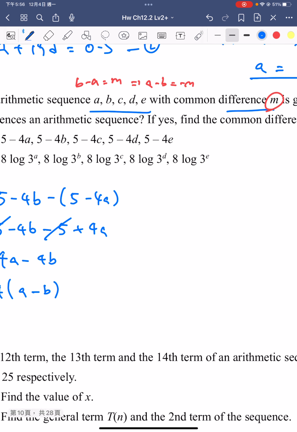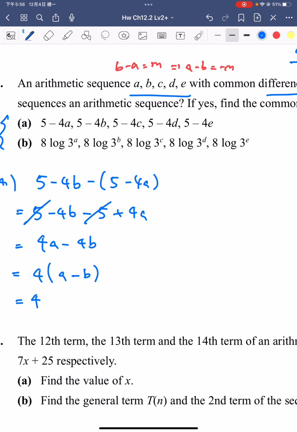So this is equal to 4 times -m, so we have -4m. You can try another one as well, but they're the same, because all of the terms are identical apart from the a changing to b or c or d or e. So the final common difference is -4m.